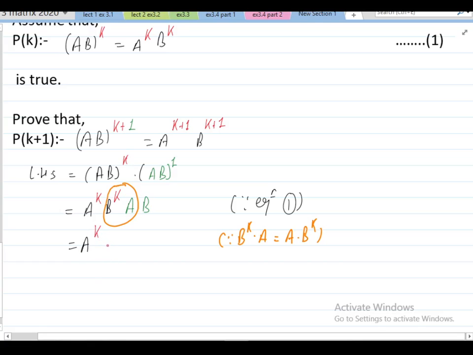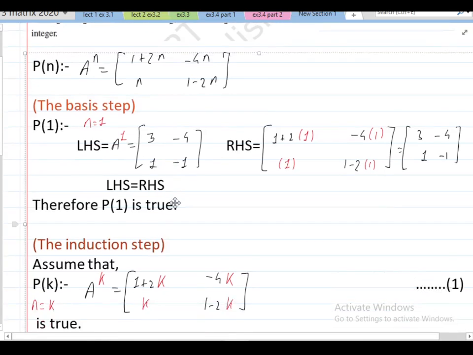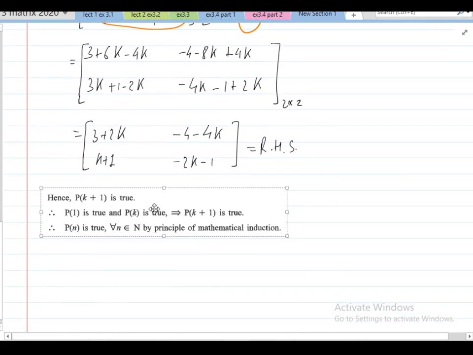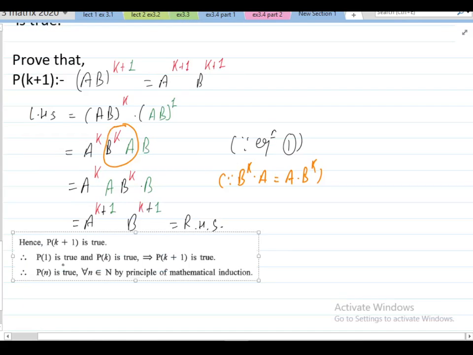So A raised to K, here we will get A into B raised to K into B. તો આ થઈ ગયું A raised to K plus 1 and B raised to K plus 1, which is required right hand side. Finally, we prove this thing. P of K plus 1 is true, P of 1 is also true, so P of n is true.